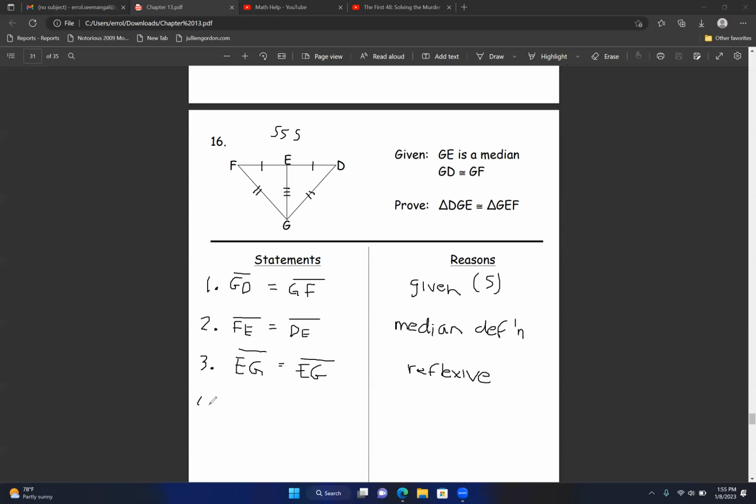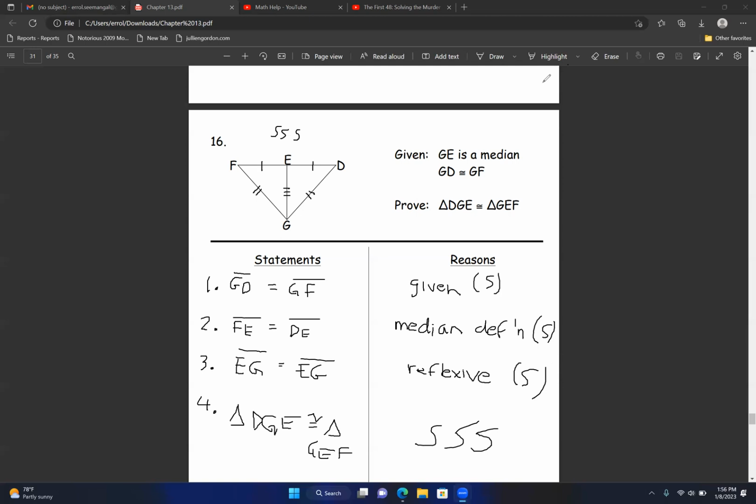And then number four is the congruence: triangle DGE is congruent to triangle GEF. What was this? S, and this was S also, right? SSS. Okay.